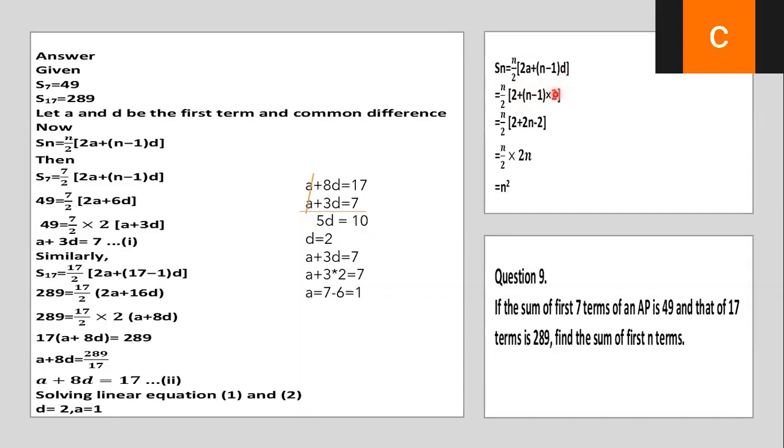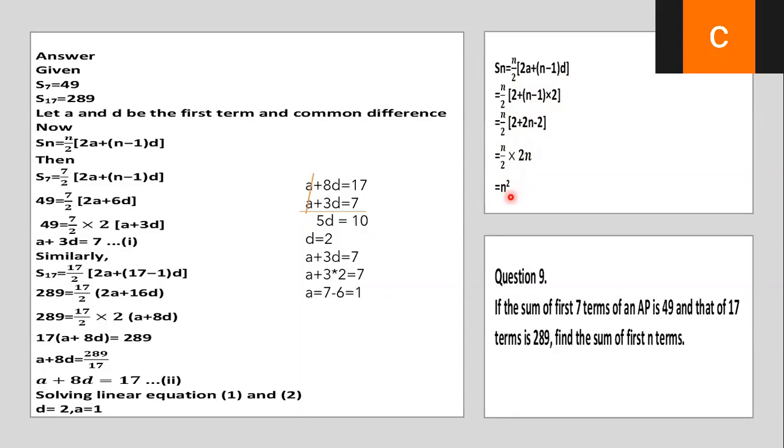D value we have got 2. So 2 plus 2 into N, 2N minus 1 into 2 is minus 2. Minus 2 plus 2 will get cancelled. So N by 2 into 2N. In this, 2 and 2 will get cancelled. Answer is N square. Sum of first n terms is N square. Anyone have doubt, children? No, ma'am.